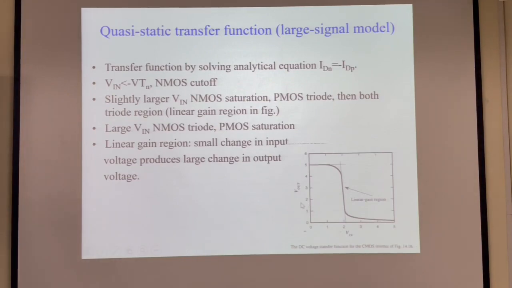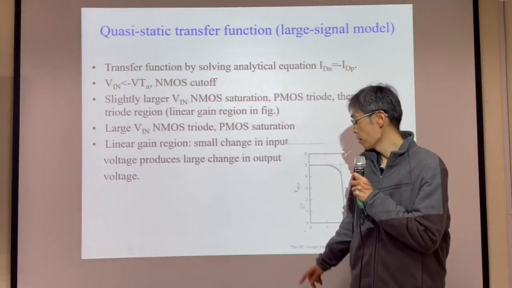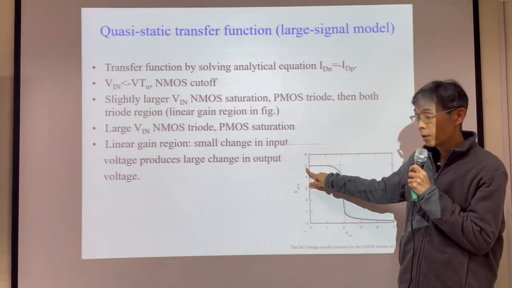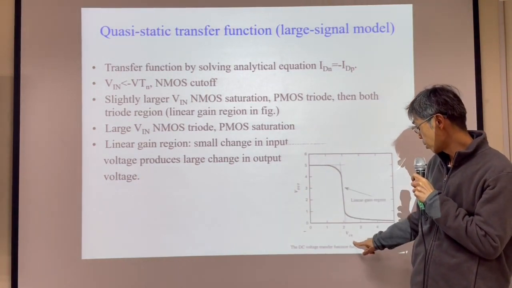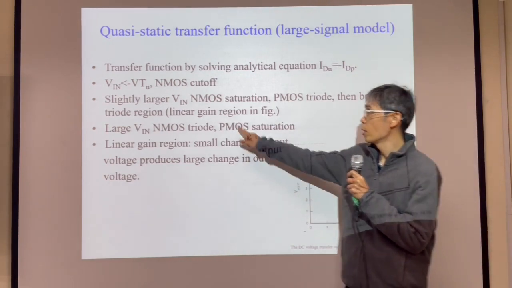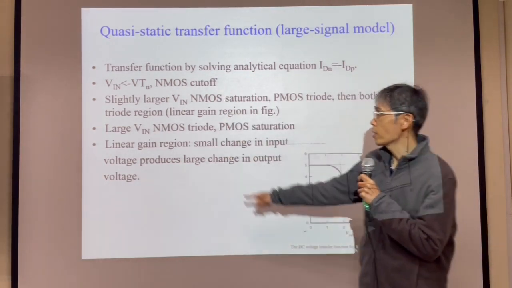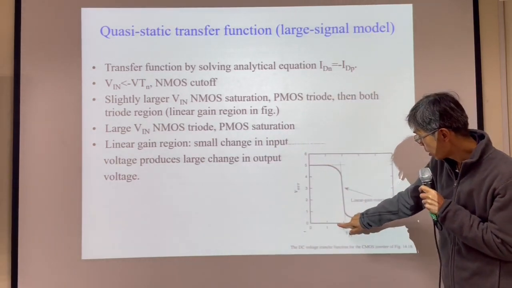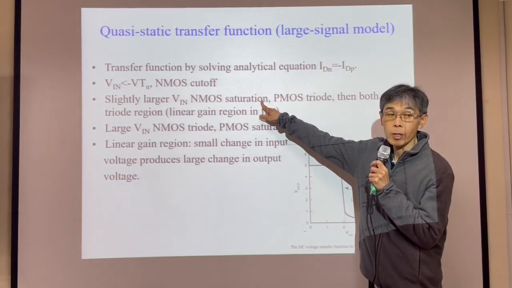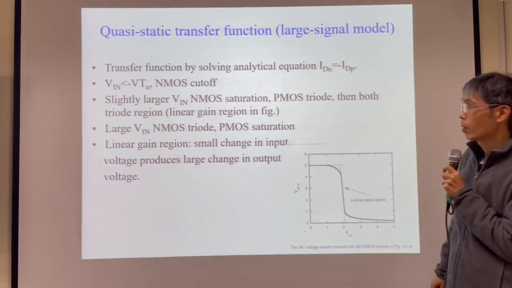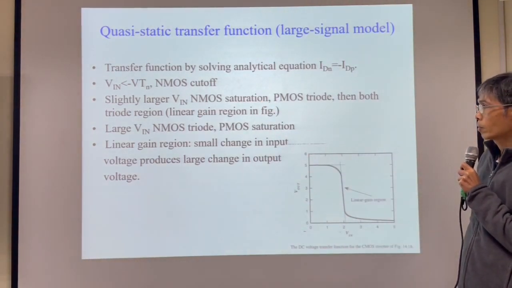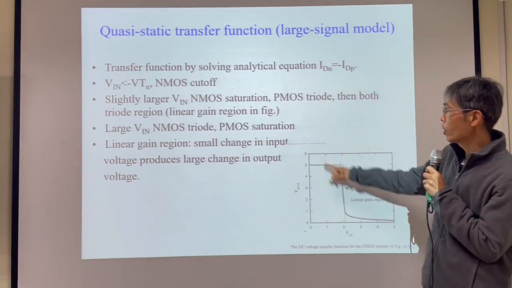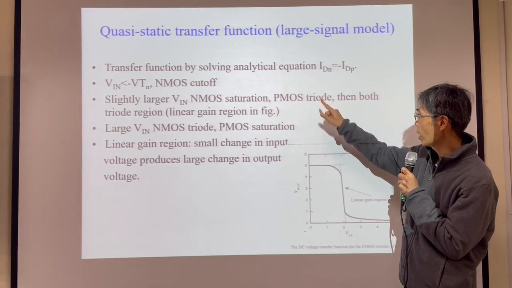Here, the y coordinate is V out. V out equal to VDD, 5 volt. If V in is very small, V in very small here. Then slightly larger V in. So now if V in increases, then NMOS saturation, because PMOS still is in the triode region.